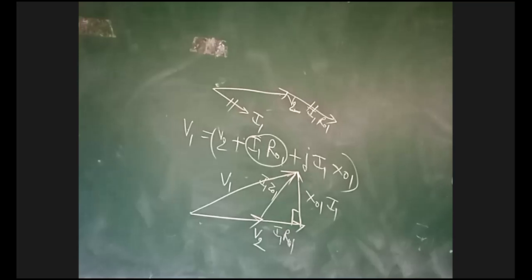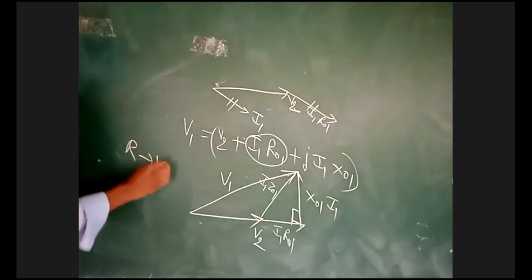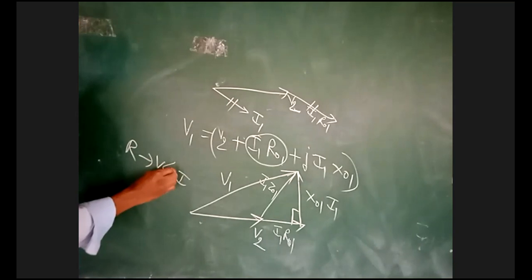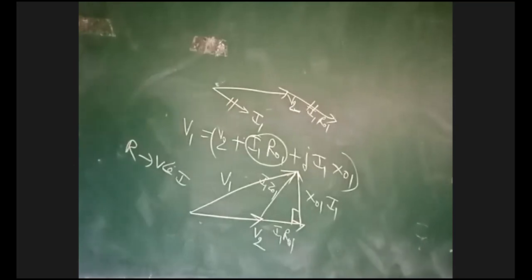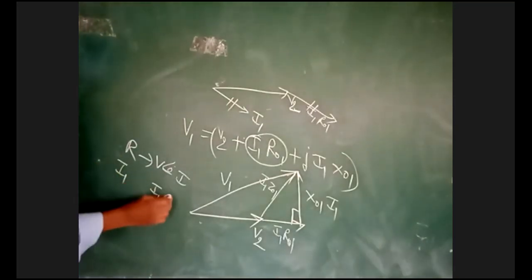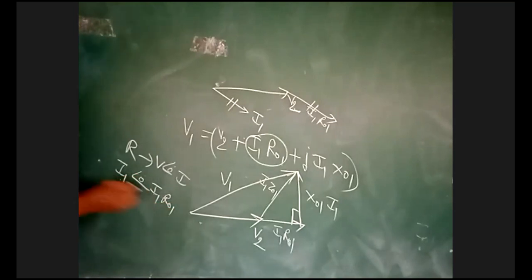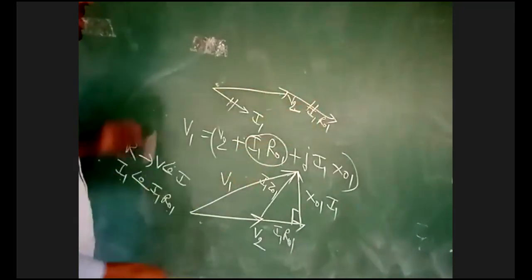Why? Because in a resistance, what is the angle between voltage and current? The angle is 0. The angle between I1 and I1 R01 is 0. These two are parallel lines, with the same phase.